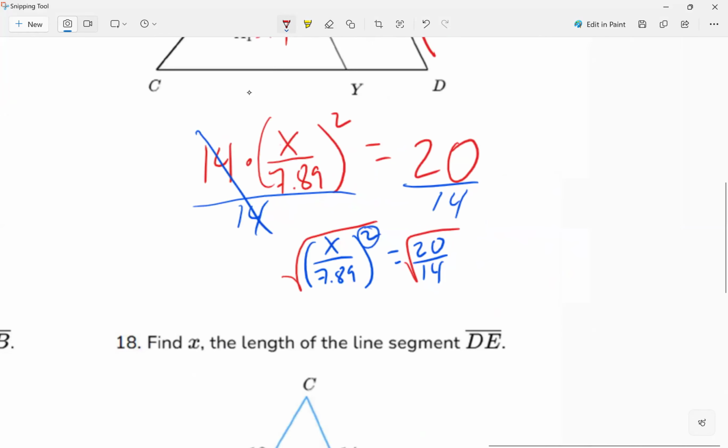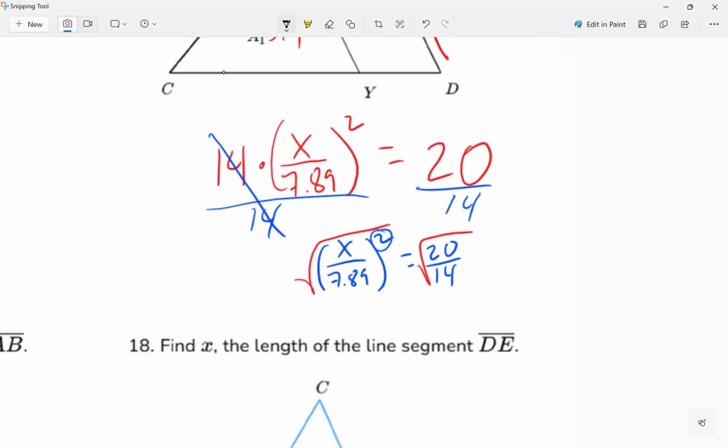So I have that X over 7.89 is equal to the square root of 20 over 14. I'm just trying to have X by itself, so whatever I get, I can type on the calculator, not a big deal.